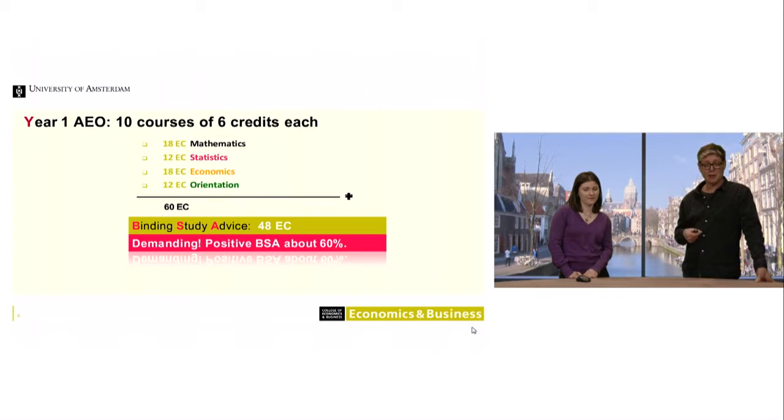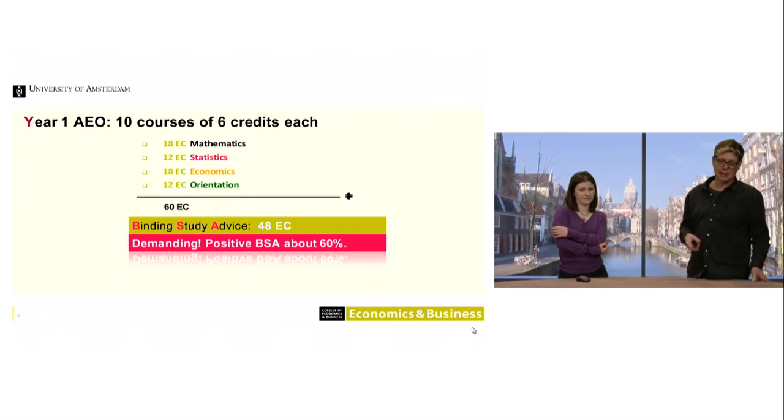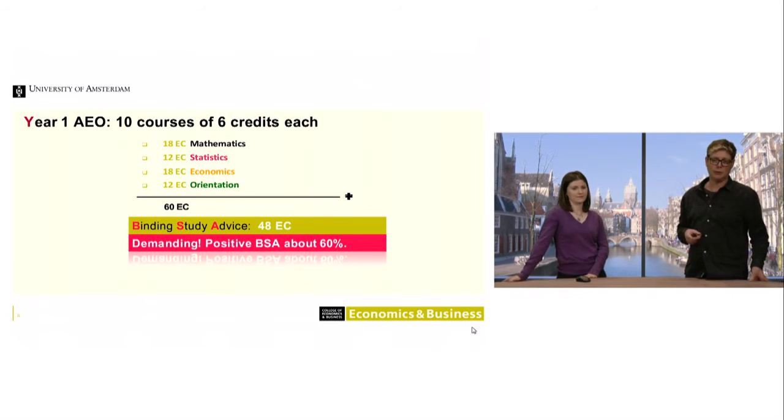It's all been said. So, this might be of interest to you. In summary, I listed the 10 courses. We give each course 6 credits, which is a kind of European standard for the workload of a course. So a year has 60 credits. And you will see that 18 go to mathematics courses and 12 to statistics, and the other half of the credits go to economics, 18, and 12 for orientation.